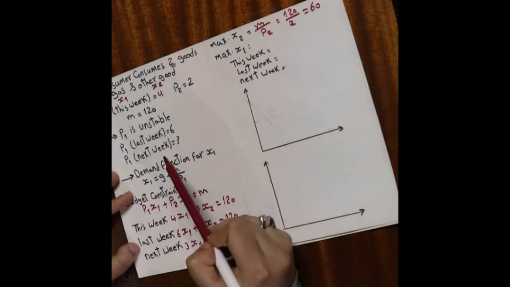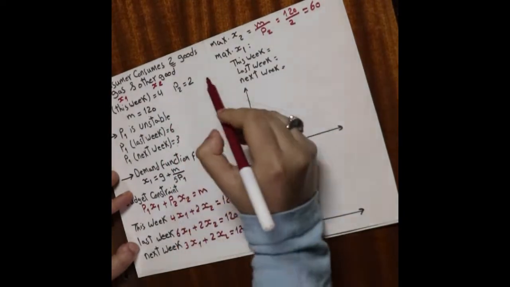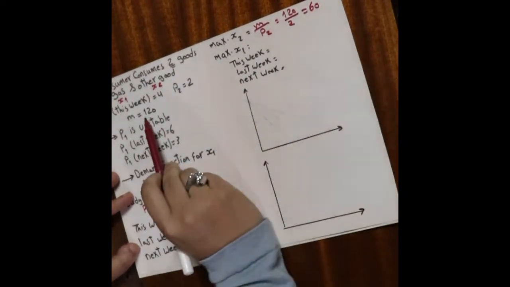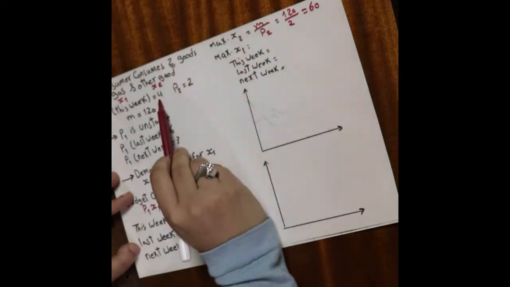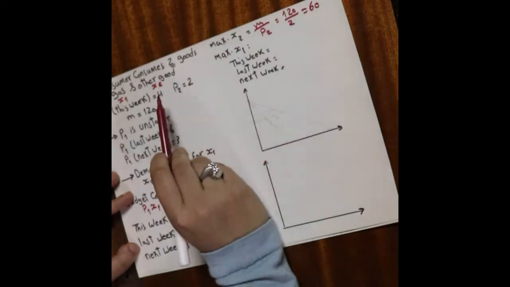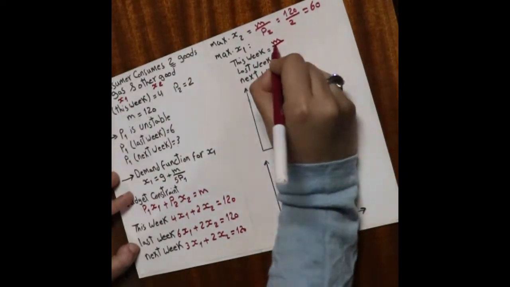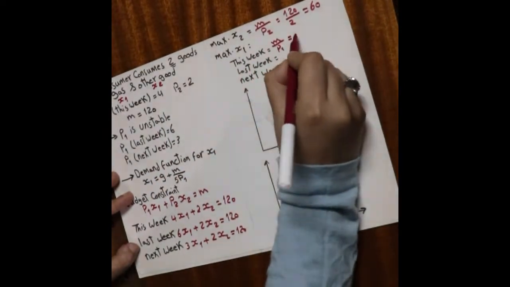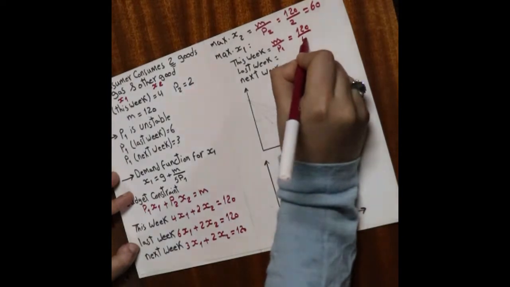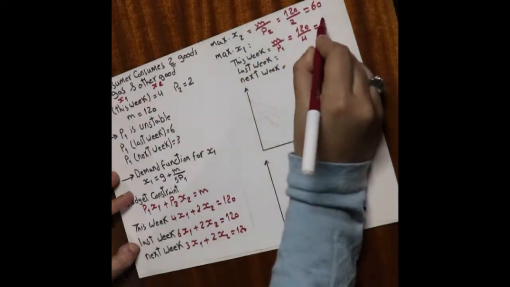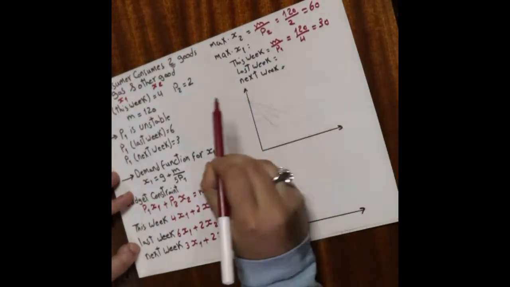But I have three prices of x1. If I spend all my money income on gas at a price of 4, it is m over price 1, 120 over 4 equals 30.